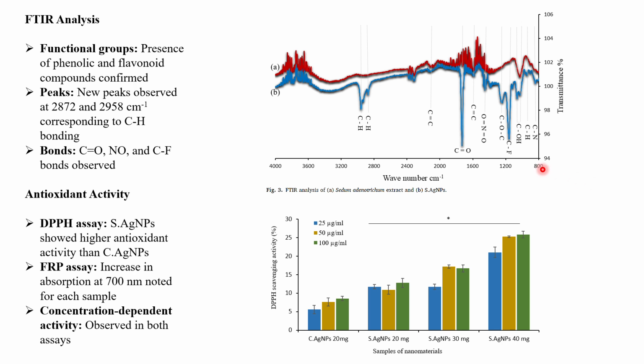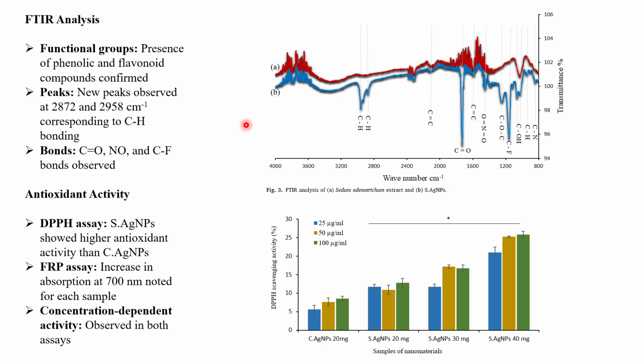Let's see that we have different types of functional groups present in our extract, like CN, CH, COH group, CF group, etc. But why do we take the FTIR analysis of both the Sedum adenotrichum extract and the Sedum-synthesized AgNPs? The answer is that we use FTIR for the determination of functional groups present in an extract, but we synthesized our nanoparticles through this extract.